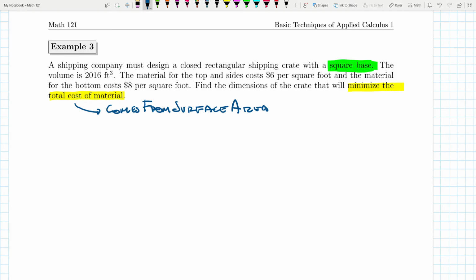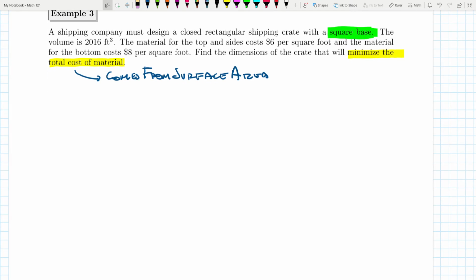Well, let's draw a little picture here. We have this box right here. And they're telling us that the base is square, because of that, the base is also x, but the height is y.